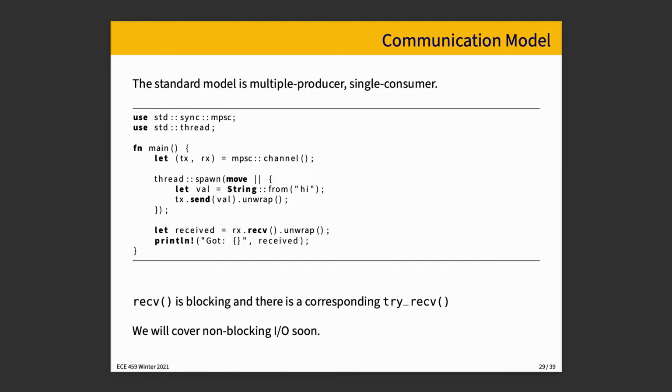So your standard model is multiple producer, single consumer. And that is to say that you can have many senders on the transmit end, but only one consumer on the receive end.